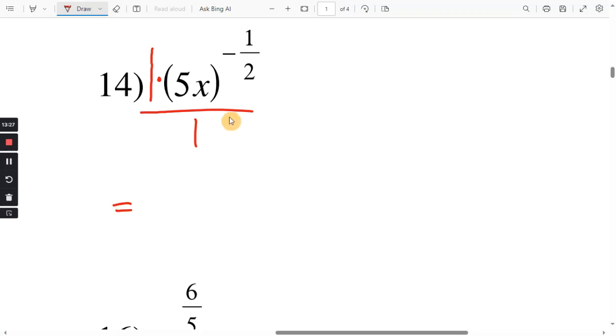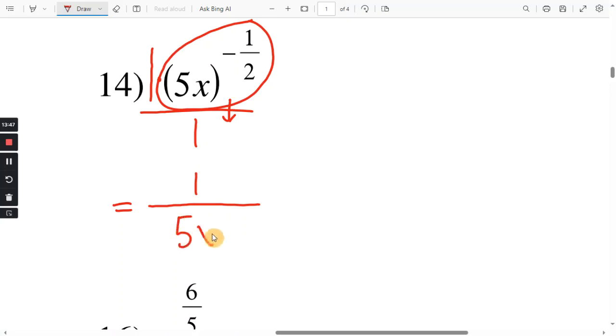All right, so we said you can take this whole thing and move it down into the denominator, and it changes the exponent. So we have a 1 in the numerator, and 5x to the negative 1/2 is now on the bottom. That's going to be 5x inside parentheses. Instead of negative 1/2, it is now positive 1/2.